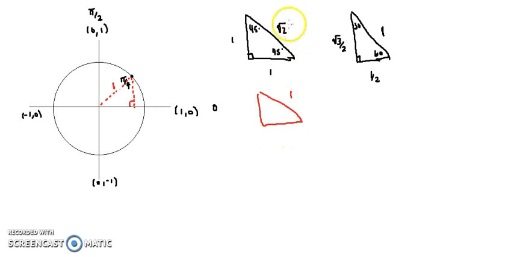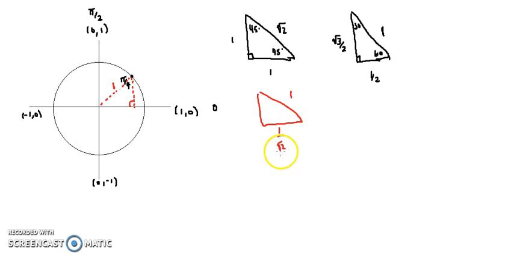So how do we get these two sides? Well, you would divide by the square root of 2. So if you're going this way, you multiply by the square root of 2. If you're going this way, you divide by the square root of 2. So we are going to divide by the square root of 2, like that.